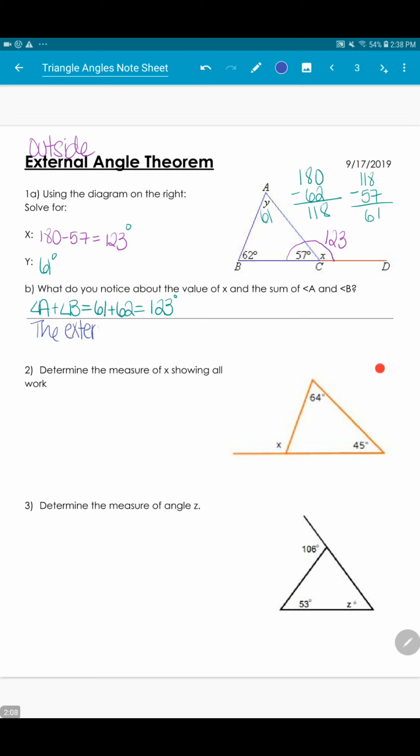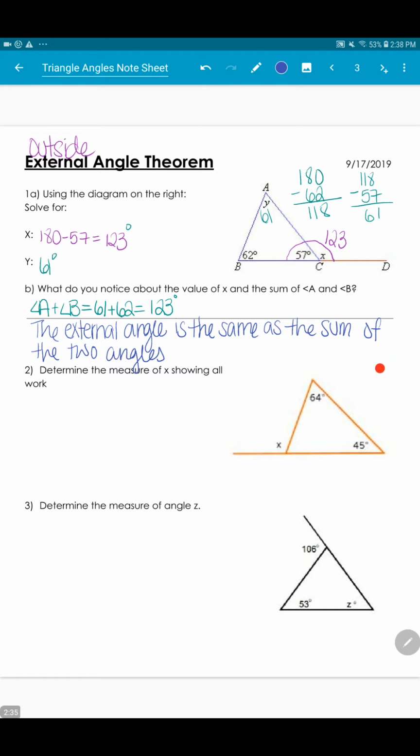The external angle is the same as the sum of the two angles.